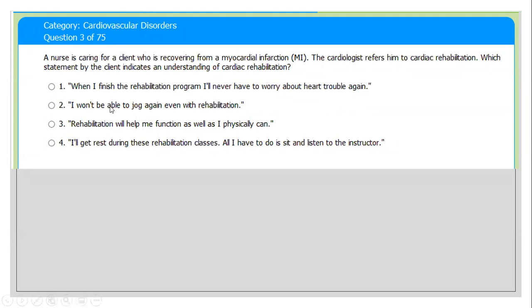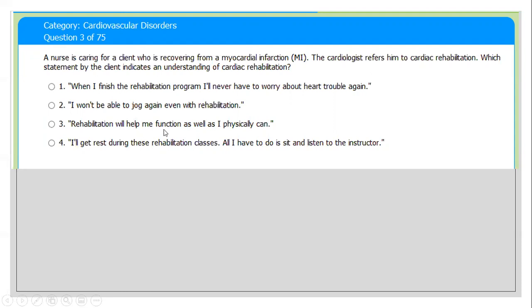But here the question is talking about cardiac rehabilitation. So when I finish the rehabilitation program, I will never have to worry about heart trouble again. I would not be able to jog again, even with rehabilitation.